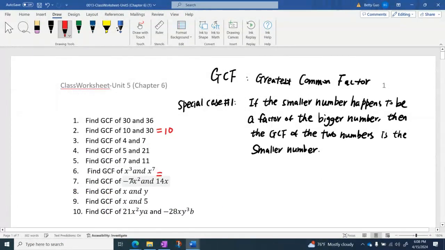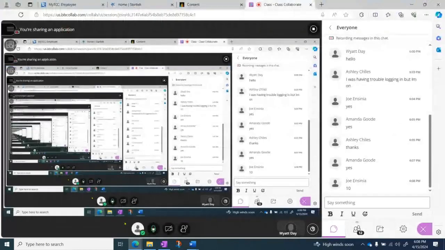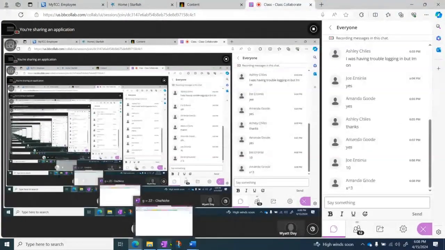Let's see question number 6. We have two exponential expressions. One is x cubed, the other is x to the power 7. What's the GCF of x cubed and x to the 7th?